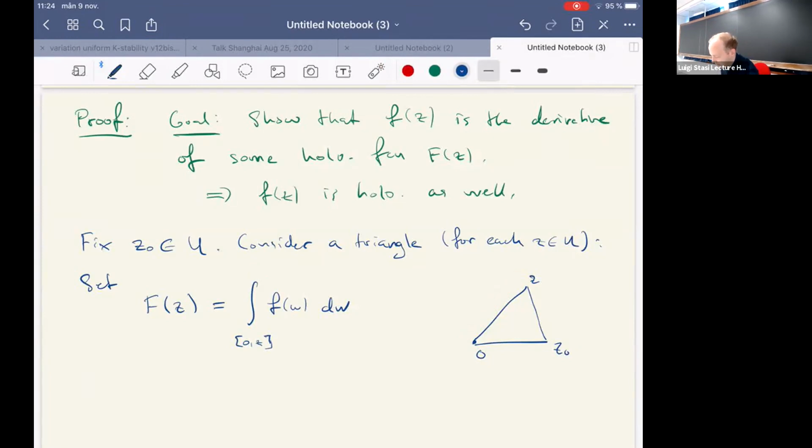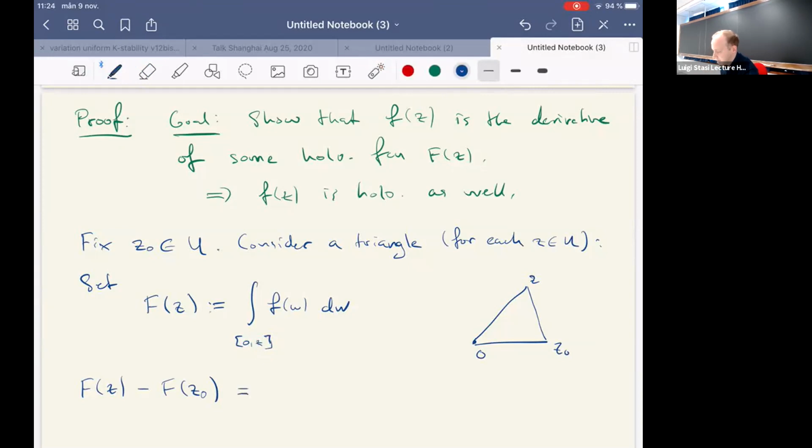Well, first of all, we note that F of z is equal to this, so this was the definition, right? And then F of z0 is the same thing, but we put z0 here instead.